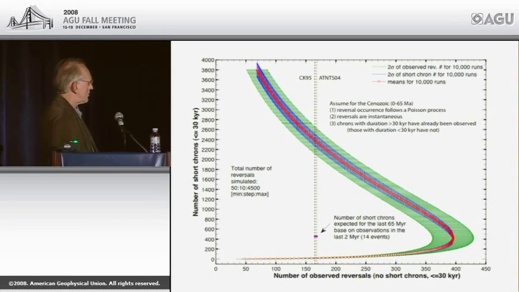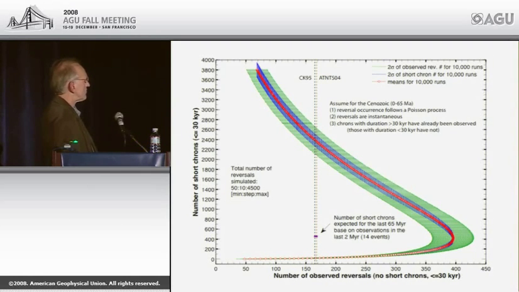We then plot the number of observed reversals, but we exclude all the reversals associated with short chrons, in other words, chrons with duration less than 30,000 years. We plot that against the number of short chrons. Now what happens is, as you increase the number of reversals in these Poisson simulations, you slowly increase the number of observed reversals, but then you're of course subtracting the short chrons, so the number of reversals minus the short chrons then starts to decrease as you increase the number of reversals in your simulation.